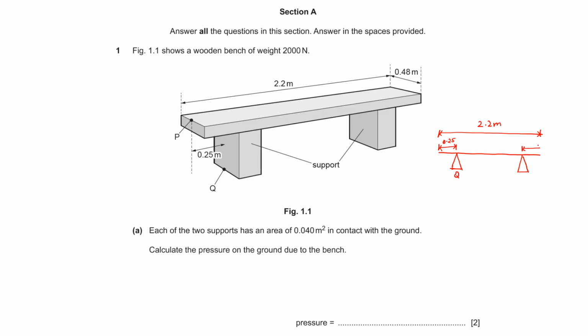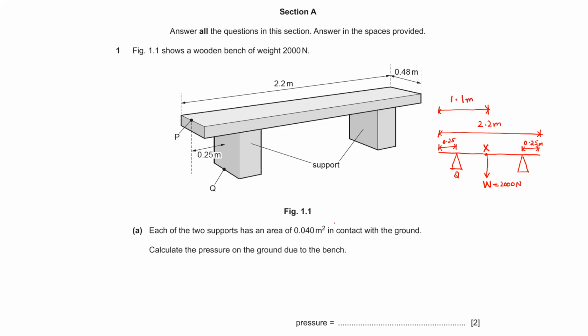So again, this is also 0.25 meters from here. The weight of the bench is acting downwards at the center point. So this is weight, and weight is 2000 newtons. And the center point, let's call it X. X is at 1.1 meter from it.